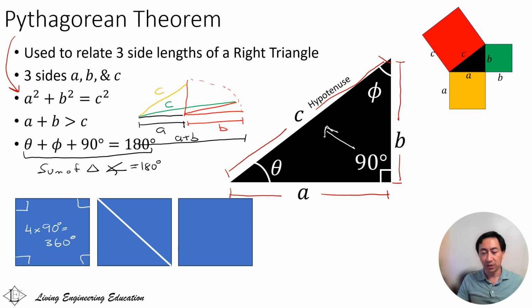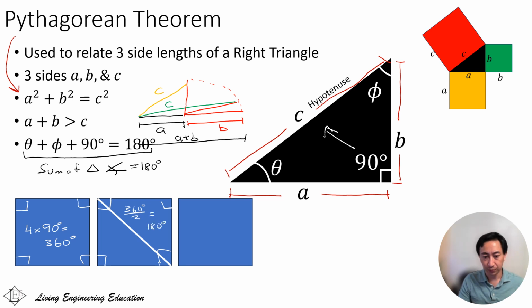If I split that square in half, I get 2 triangles, right? And they share all the angles in that square.